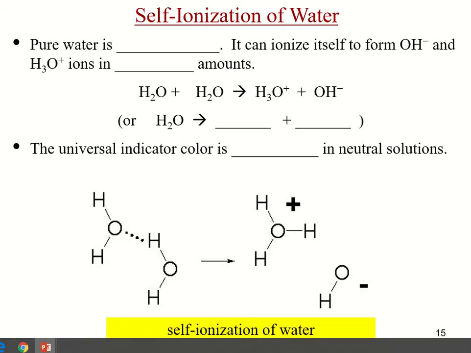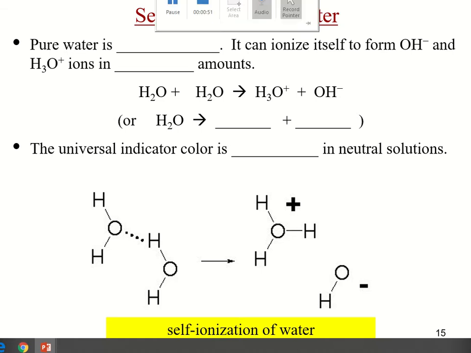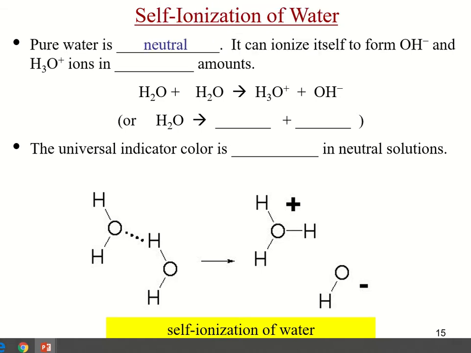Speaking of a substance that can be either an acid or a base, let's talk about the self-ionization of water and how water acts. Pure water is neutral, and it can ionize itself to form OH negative and H plus, H3O plus ions in small amounts. So we have regular water that can break down into this.